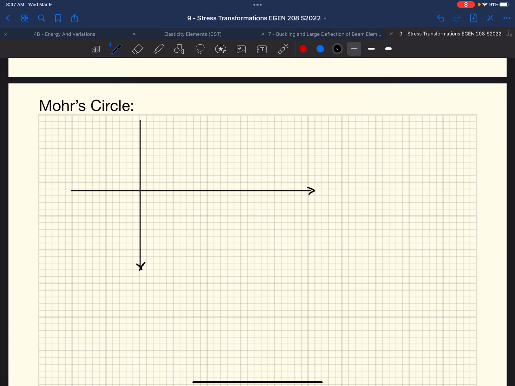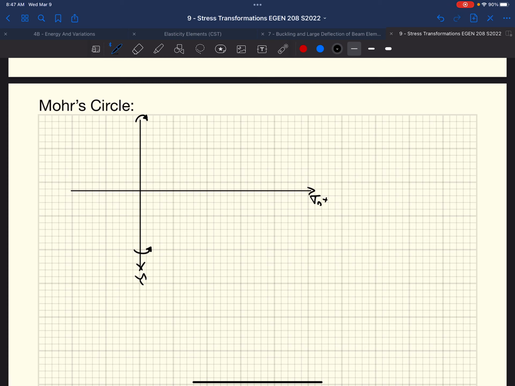We know that the bottom is clockwise or counterclockwise positive. Curl our fingers in the direction of that rotation, it's pointing out of the page. So we're going to say tau is positive down here, and up here tau is negative. We have sigma normal positive off to the right, that's our positive x direction. So that's really all we have to set up for the coordinates.